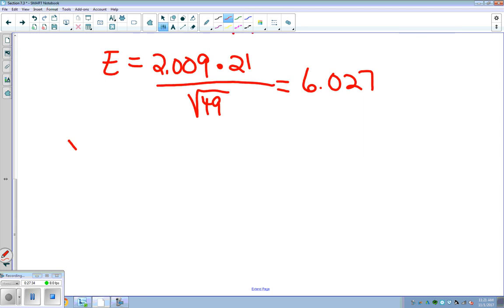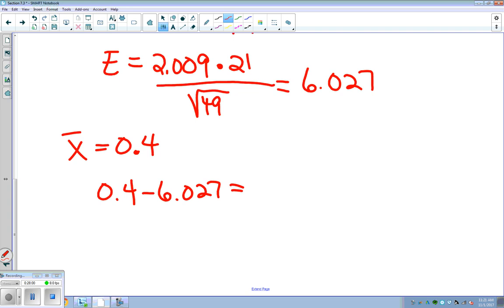My sample mean, x bar, was 0.4, correct? So to construct my interval, I'm going to take my mean and subtract my margin of error, 6.027. When I do that, what do I get?